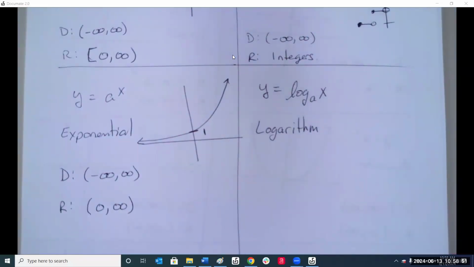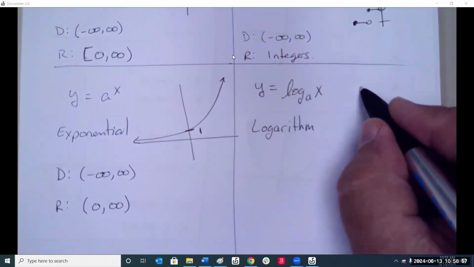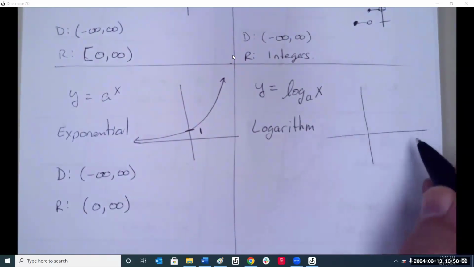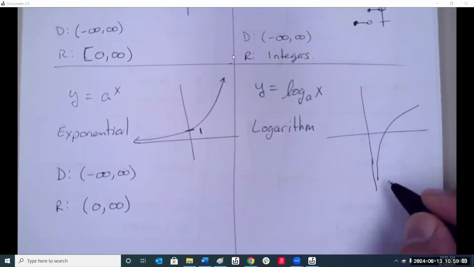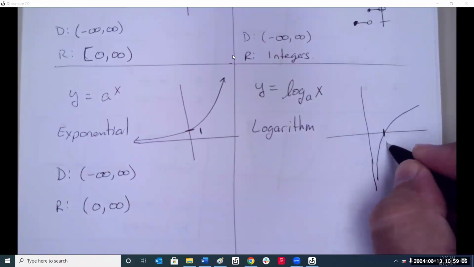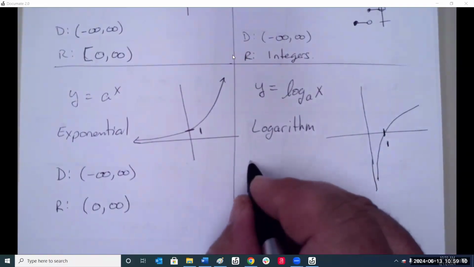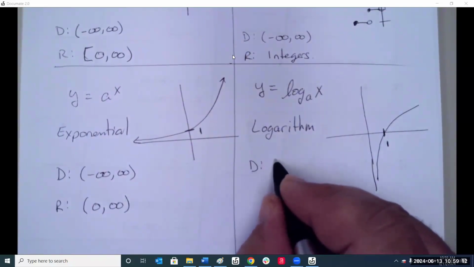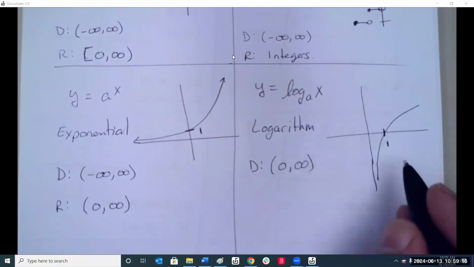The last one's called a logarithm. Log base a of x. It crosses the x-axis at 1. The domain is strictly greater than 0.